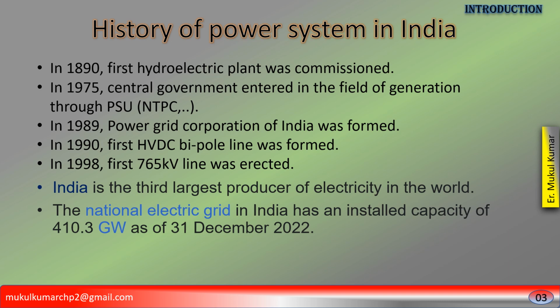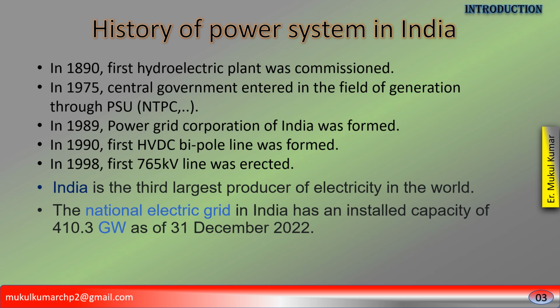History of power system in India. In 1819, the first hydroelectric power plant was commissioned in India, and our central government entered the field of generation through the PSU and NTPC in 1975.